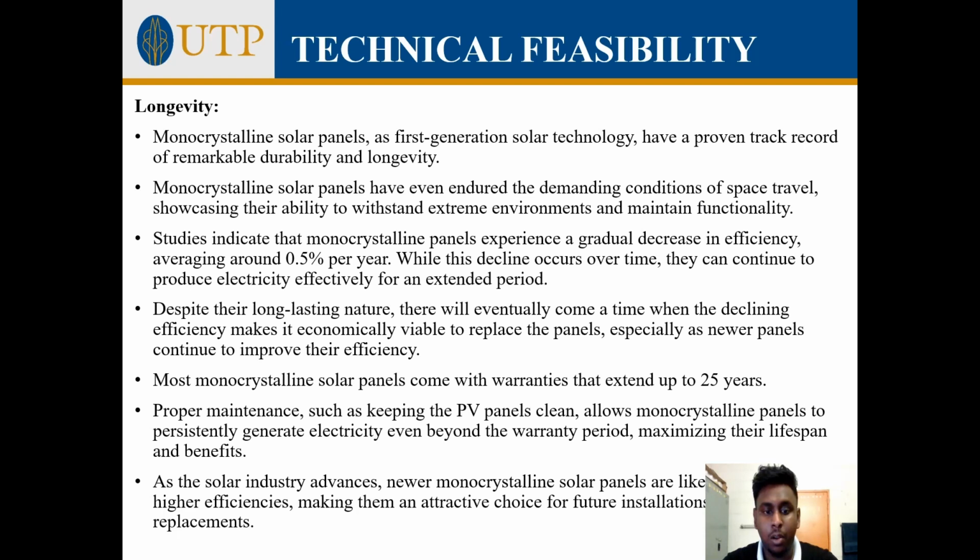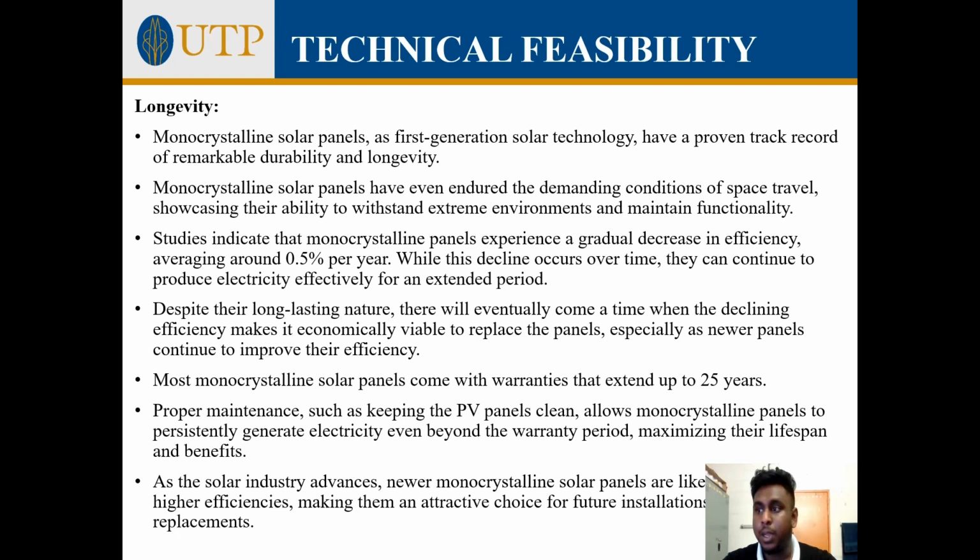Despite their long-lasting nature, there will eventually come a time when the declining efficiency makes it economically viable to replace the panels, especially as newer panels continue to improve their efficiency. Most monocrystalline solar panels come with warranties that extend up to 25 years.